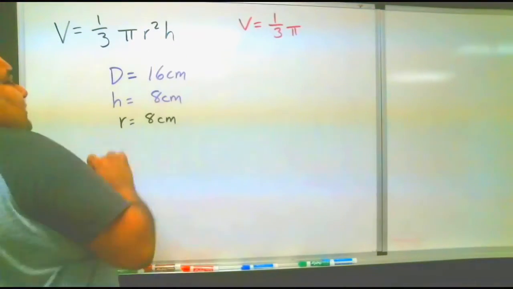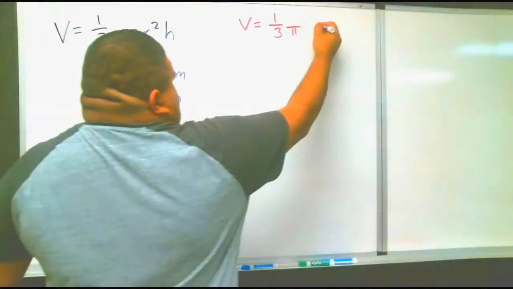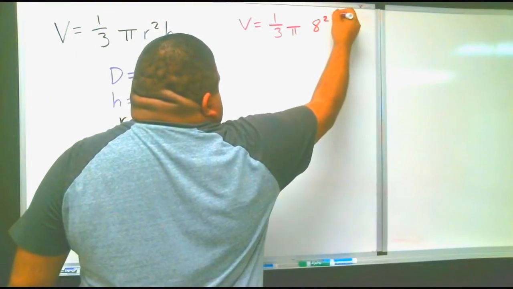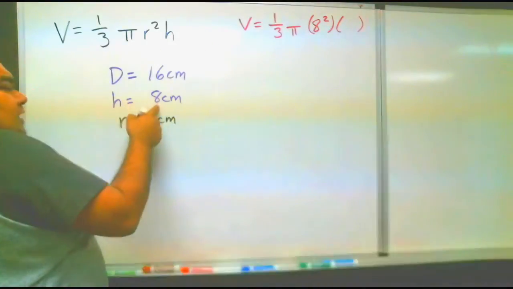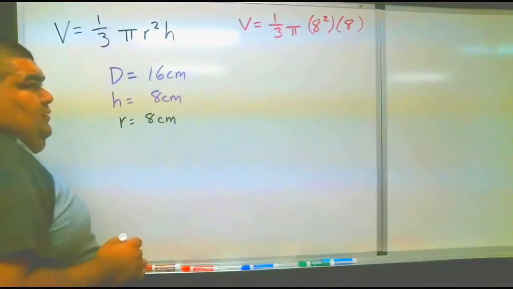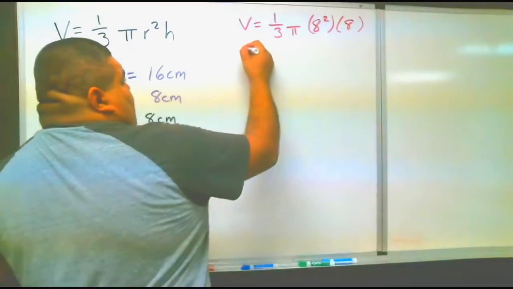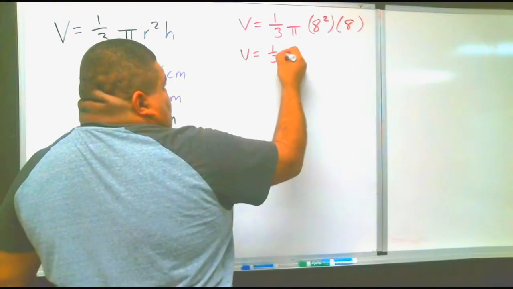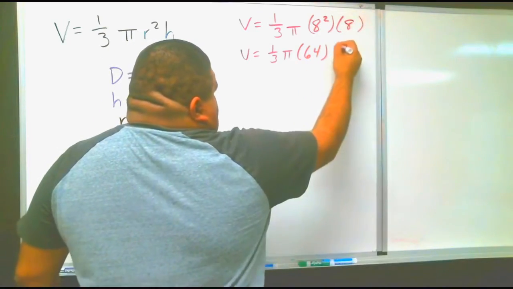The radius, in this case, is 8, so 8 squared, and the height, which is again 8. So V equals 1/3 pi, 8 times 8 is 64, times 8.